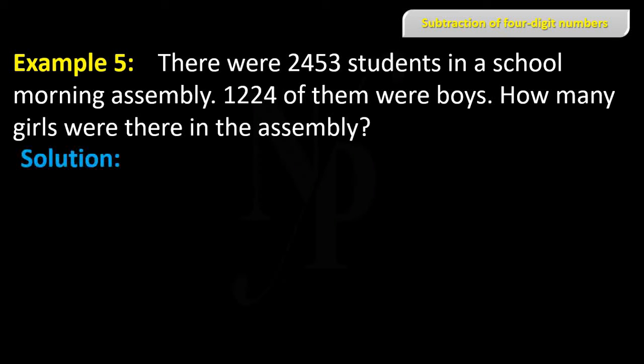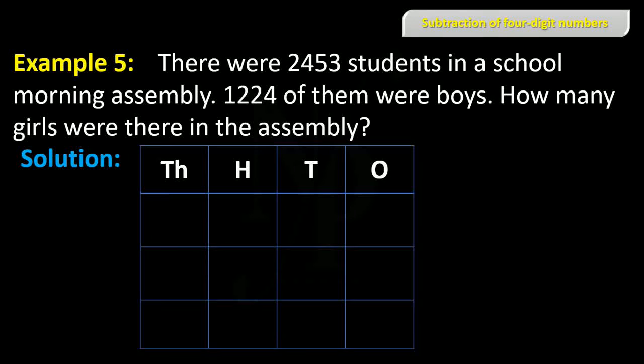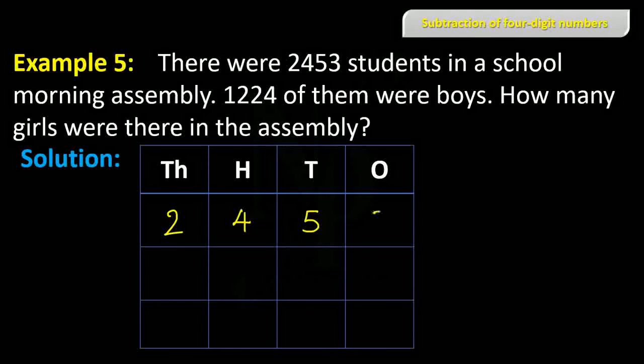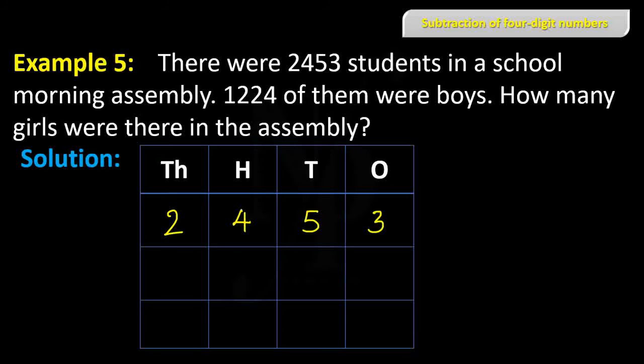So for that, what we do, we will write down the total number of students present in the morning assembly in the first line, that is 2453 total number of students.